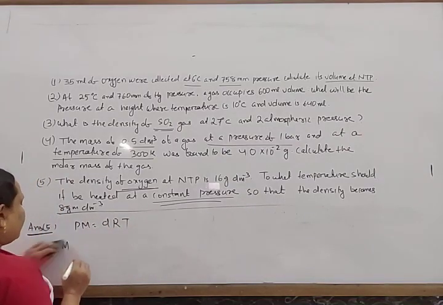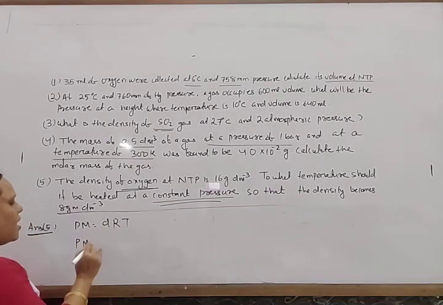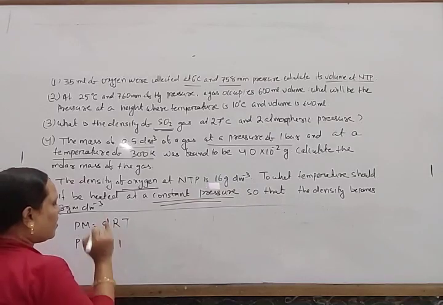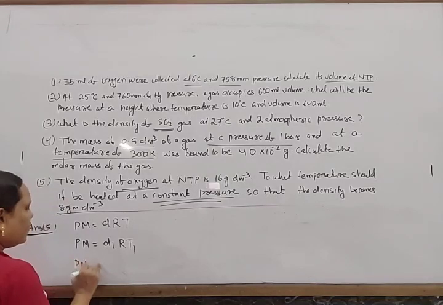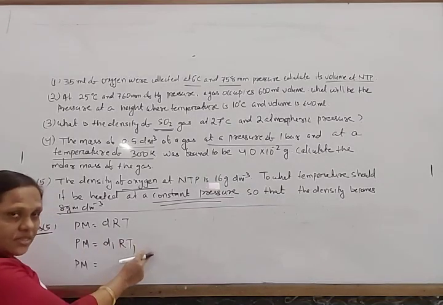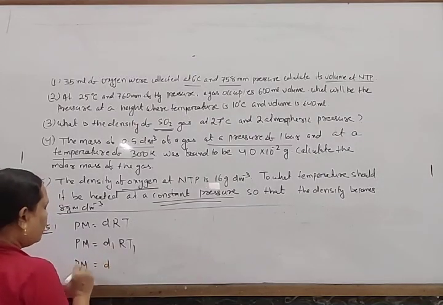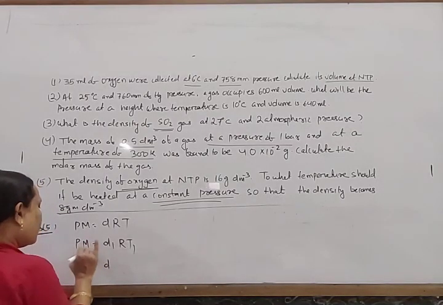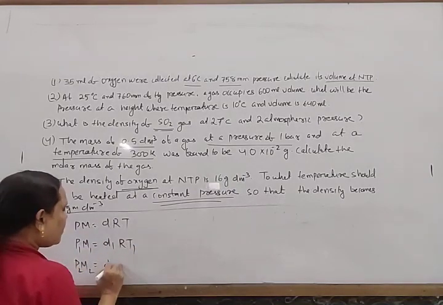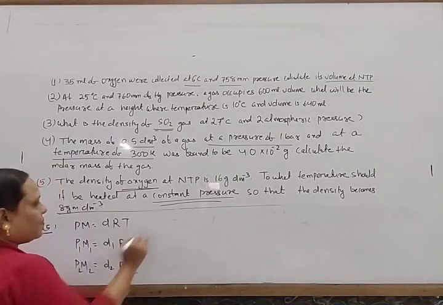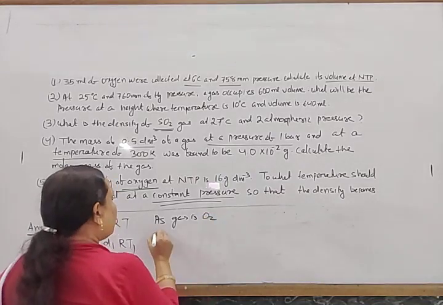So we can write, where R is the universal gas constant, PM = d1RT1 for the first condition, and for the second condition PM = d2RT2, as the gas is oxygen.